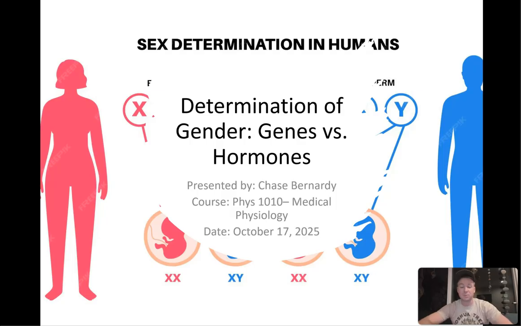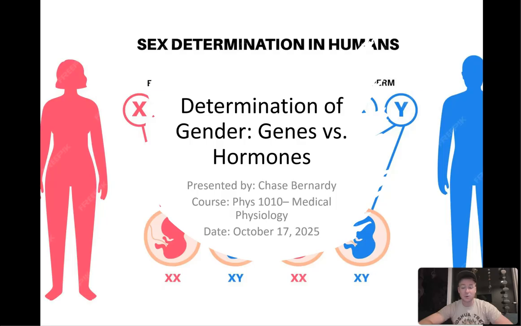Today I will be presenting my topic titled Determination of Gender, Genes versus Hormones. Human sexual development is an extraordinary example of how genes and hormones interact to shape biology. At conception, our chromosomes determine the genetic foundation of our sex, typically XX for female and XY for male. However, those chromosomes are only the beginning.